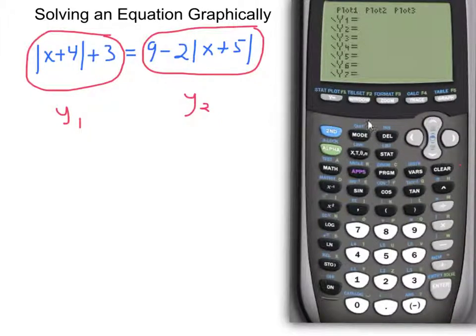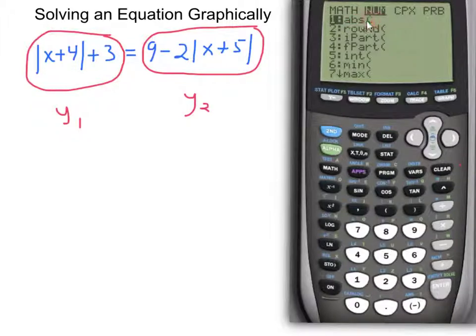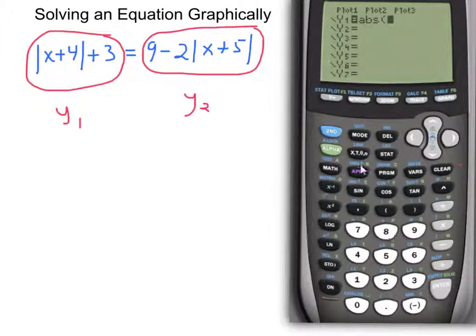So that's under the math key, and if you hit the math key and then you go over to the number, you'll see it's the very first option here, ABS. So you hit enter on that, and then you would put in the x plus 4, and then close the parentheses, and then plus 3, and then go down to y2 and enter in the right hand side of the equation.